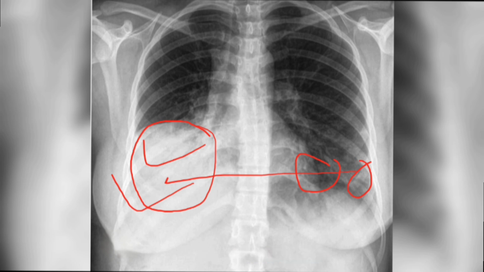So according to the findings, we can call this bilateral basal pneumonia with more severe disease on the right side. And the right hemidiaphragm is partially obscured due to the adjacent consolidation. You can see it in this image.